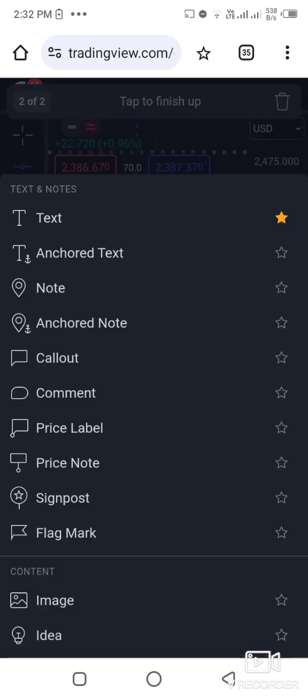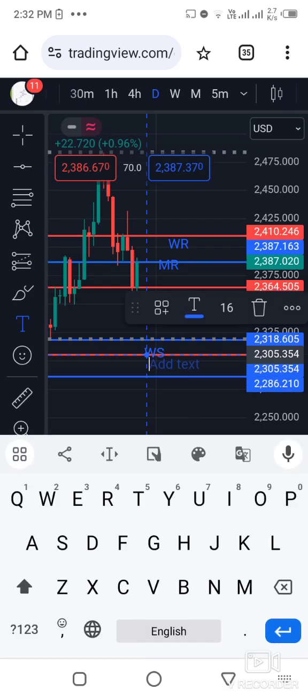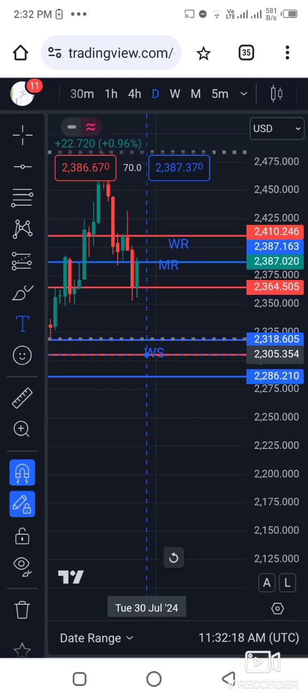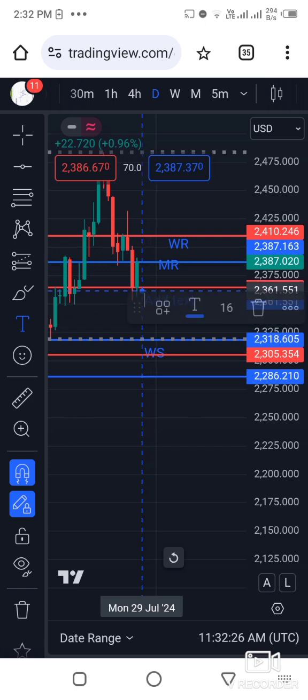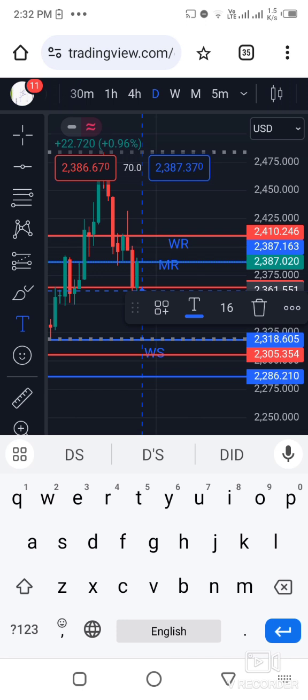We can label it as our daily supply or daily demand. Like that, we'll have our daily support.